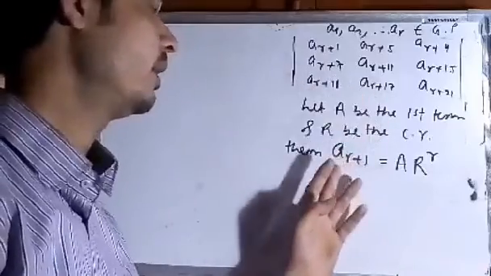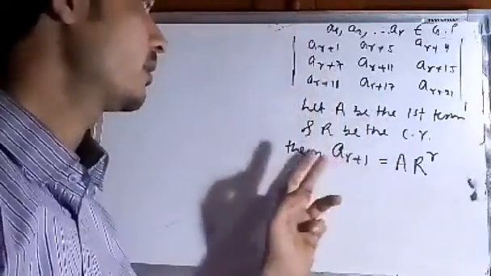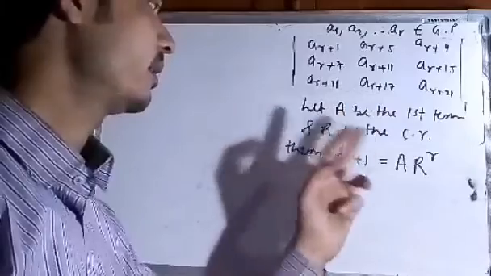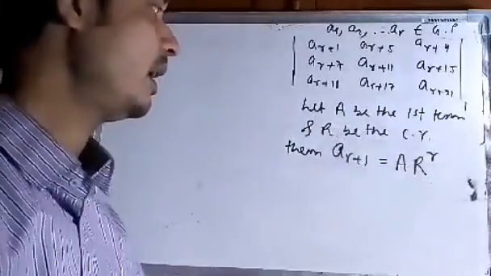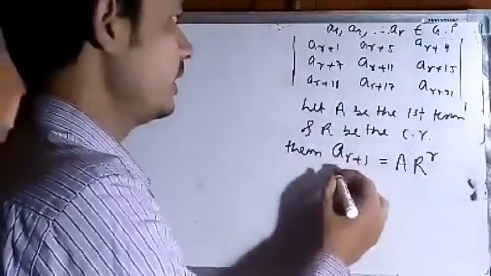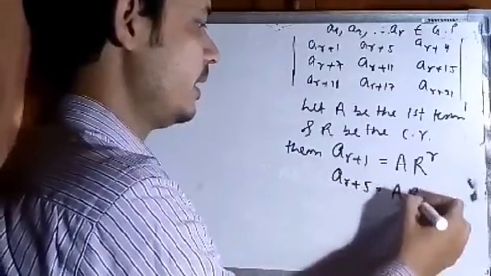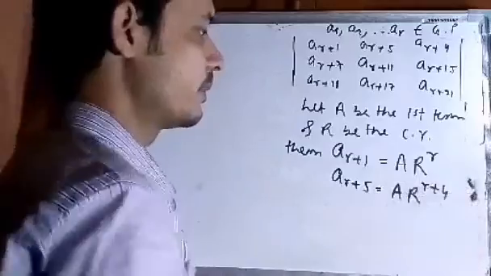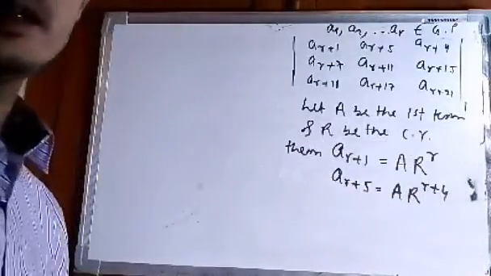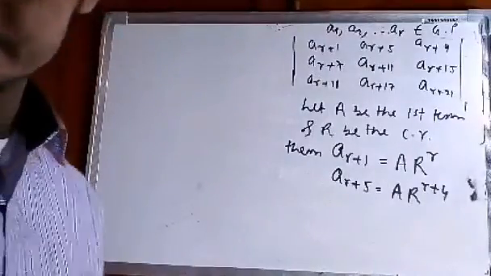But here small r is the term number, so we have used capital R as the common ratio. So it becomes capital A R to the power r. Similarly, A r plus 5 becomes capital A R to the power r plus 4. In this way we can find the values of each and every element of this determinant.